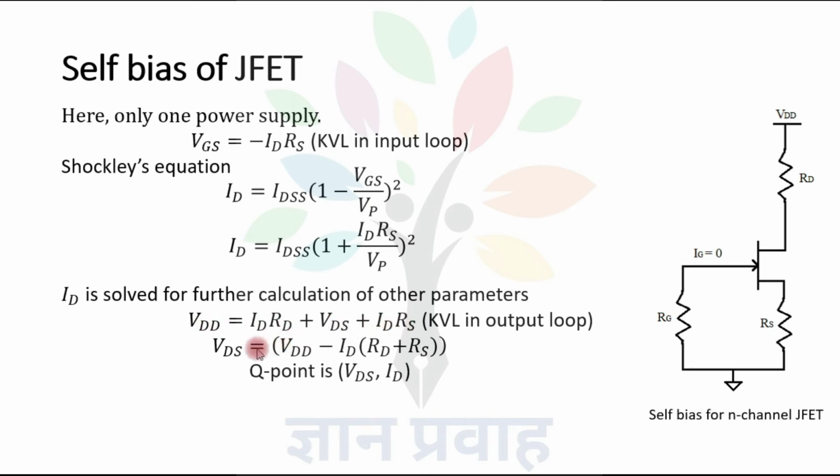So from this equation, VDS equal to VDD minus ID times (RD plus RS). So ID is calculated from this expression, and by putting the ID value in this expression, we can calculate VDS voltage. So Q point is VDS, ID. That is the basic theory of self-bias.